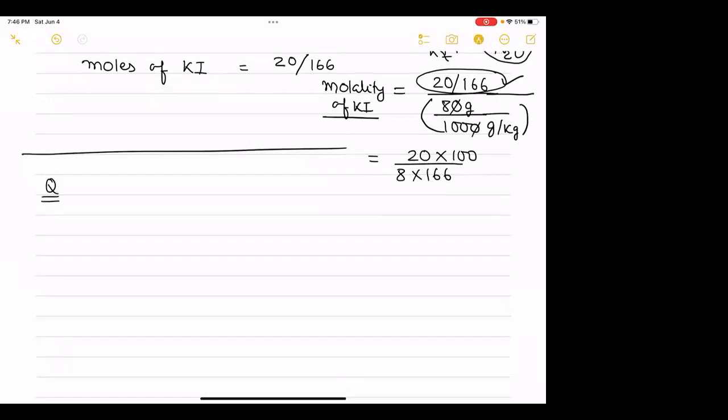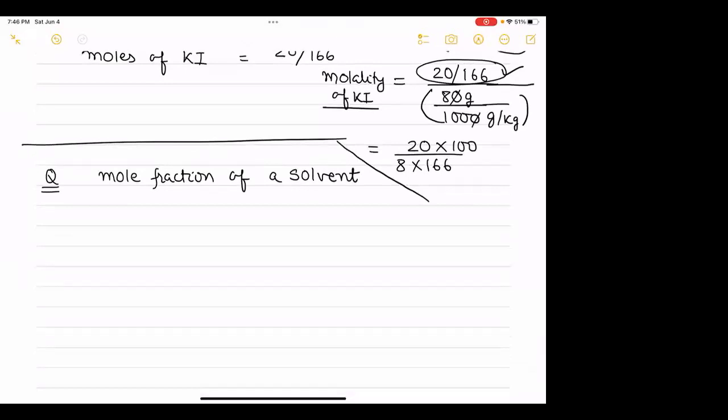So the next question: mole fraction of a solvent in aqueous solution. And be careful with these 3 words. If we don't read them carefully, they can make our life difficult.